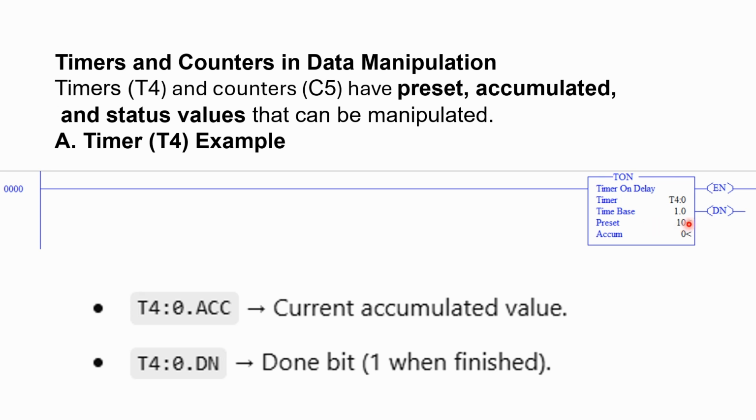The preset is 10, which means that this timer will count up to 10 seconds before it turns on the done bit. And again, the accumulated value is in T4:0.ACC. The done bit turns on, it becomes a 1, when the timer's finished. It'll do that once the timer has reached 10 seconds.